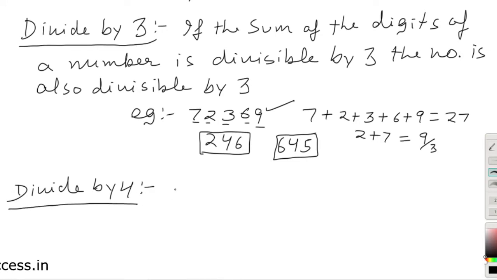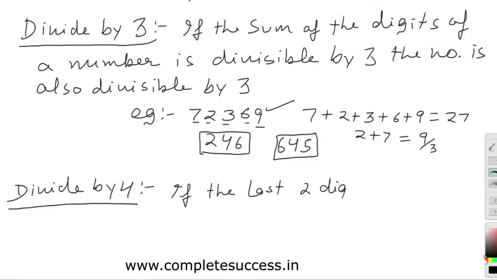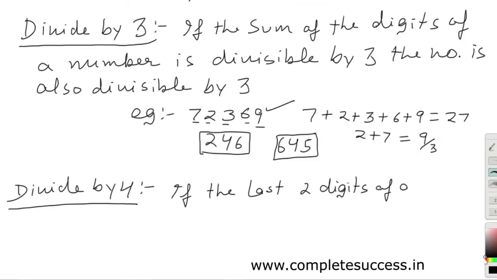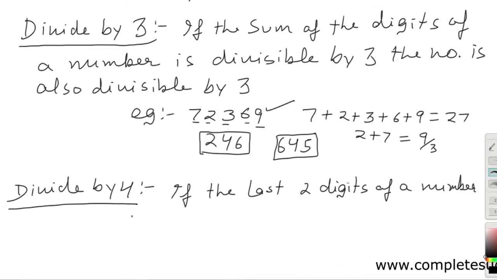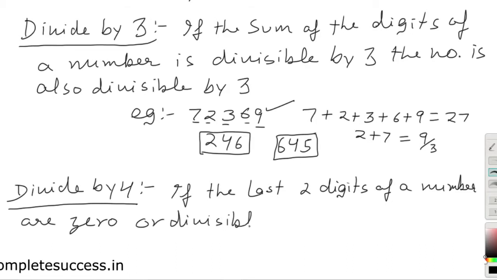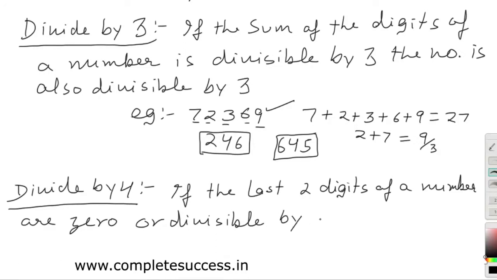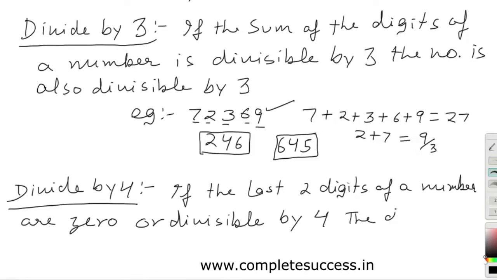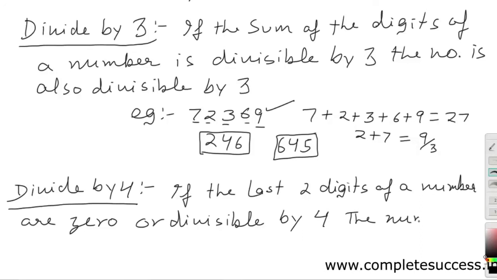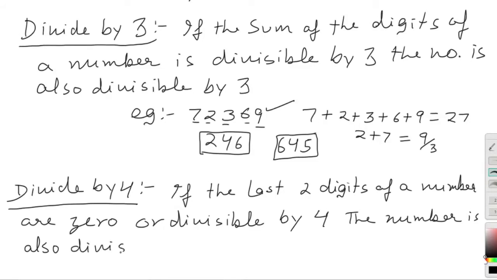Next is divide by 4. If the last two digits of a number are zeros or divisible by 4, the number is also divisible by 4.